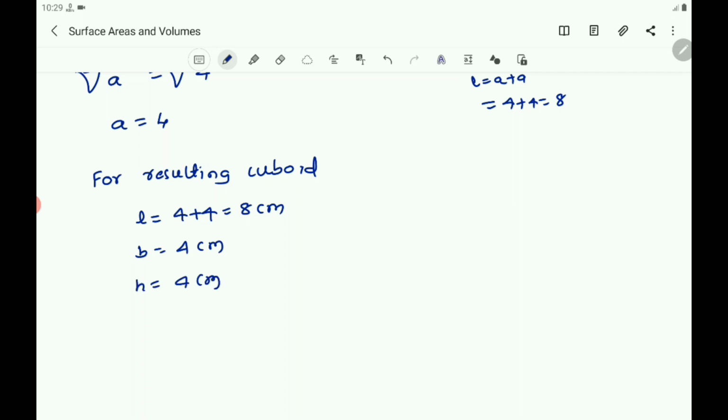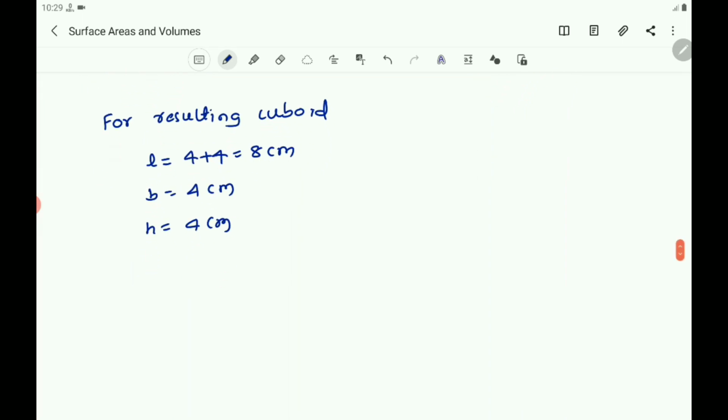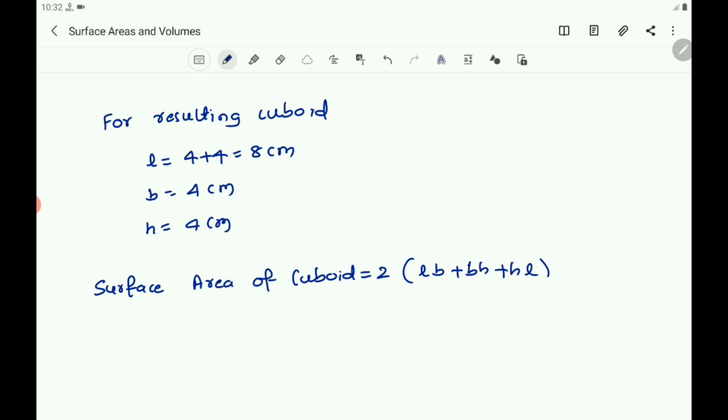Then the surface area of the cuboid equals 2 into LB plus BH plus HL.